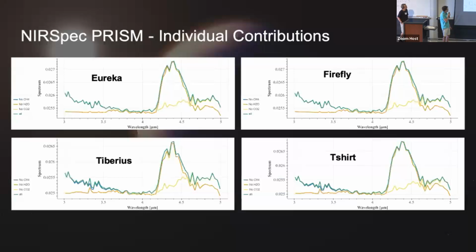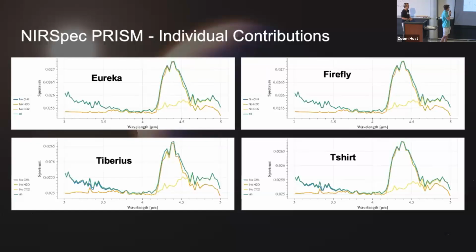And you can see a little bit of the subtleties here. You'll notice for Eureka and Firefly, you can't even tell the difference between all of the molecules combined and leaving out methane. So methane is probably not a significant feature for this planet.